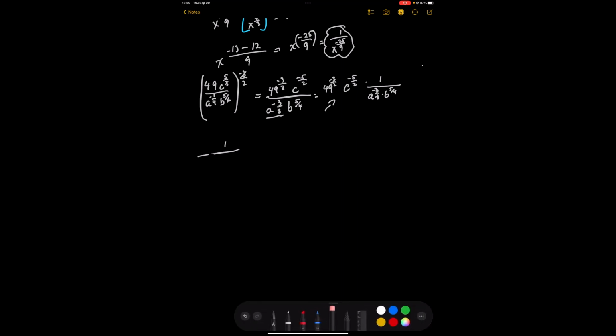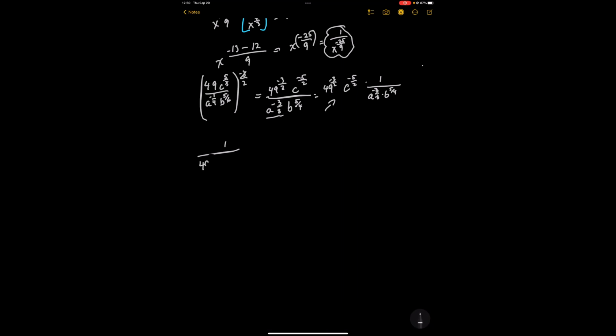It is actually 49 to the 3 halves times c to the 5 halves times, I already have that, b 5/4, which is on the bottom, so I'm going to write b 5/4, and I'm going to write this part and put it on top. That would be times a 3/8.